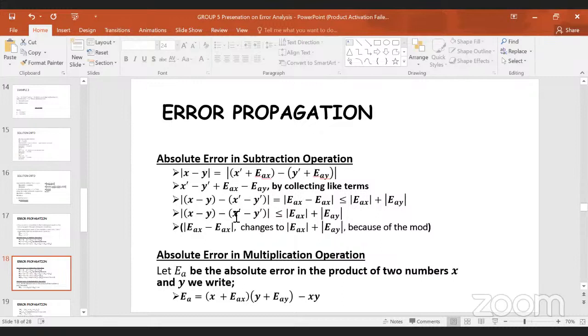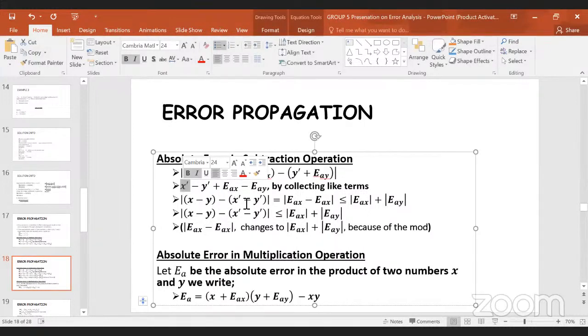Now, by the time we collect like terms like we did earlier, x prime minus y prime crosses over to meet the x minus y, which is the exact solution in the first place. That leads us to the absolute error of x minus the absolute error of y, which we are expecting to be less than or equal to the absolute error of x plus the absolute error of y.